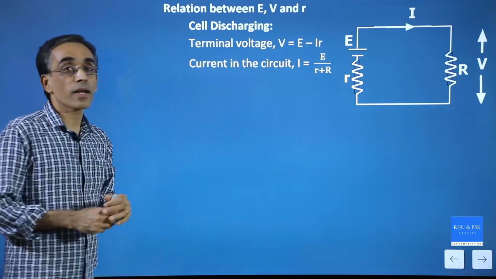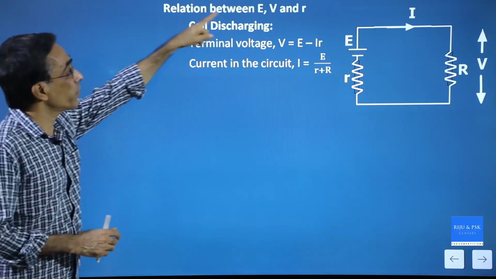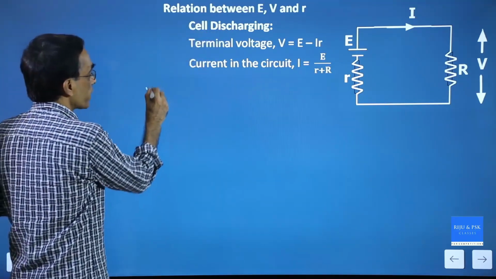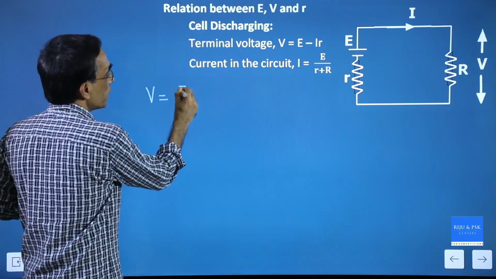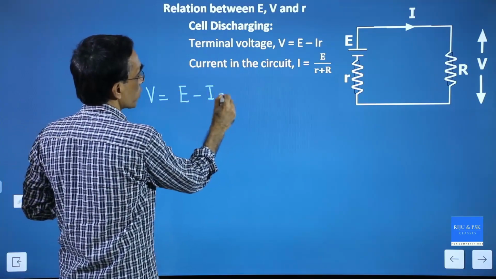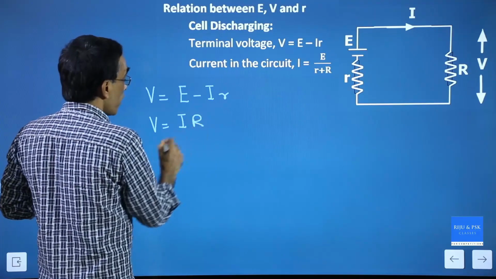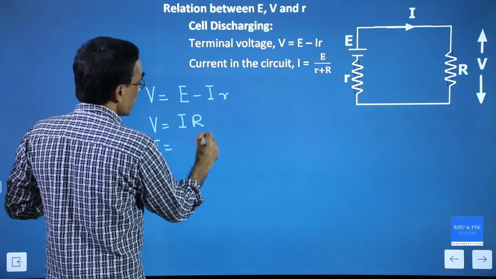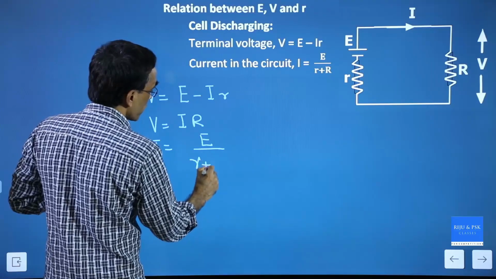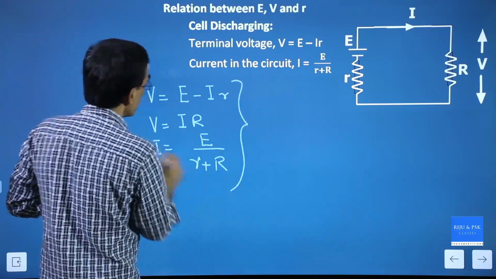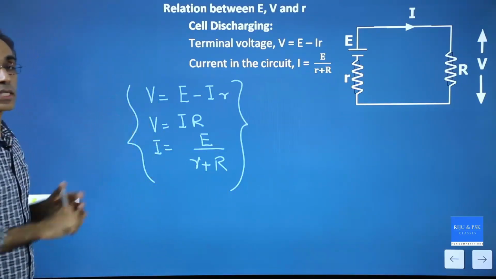This is the general relation between EMF, V and R. So I'll repeat that. Terminal voltage is EMF minus internal drop. And we also know terminal voltage is nothing but I into R. And I is the EMF divided by r internal plus R external. These are the equations that you should know from this discussion.